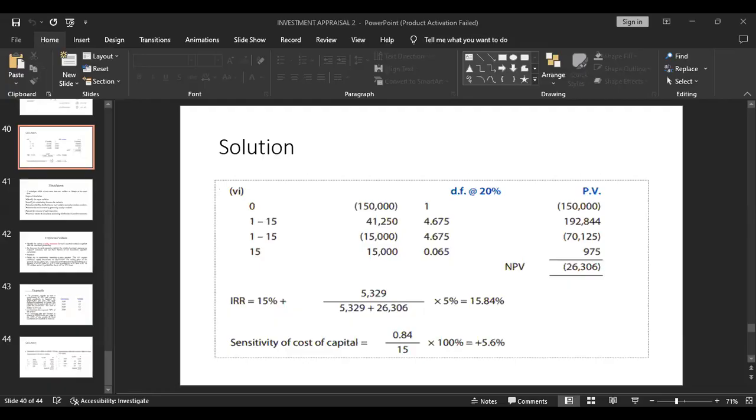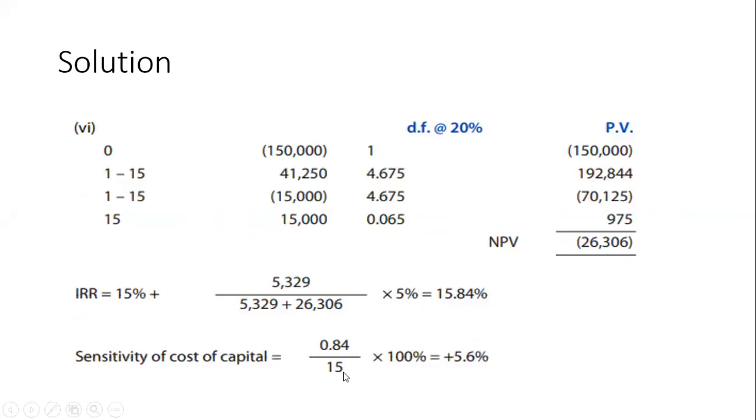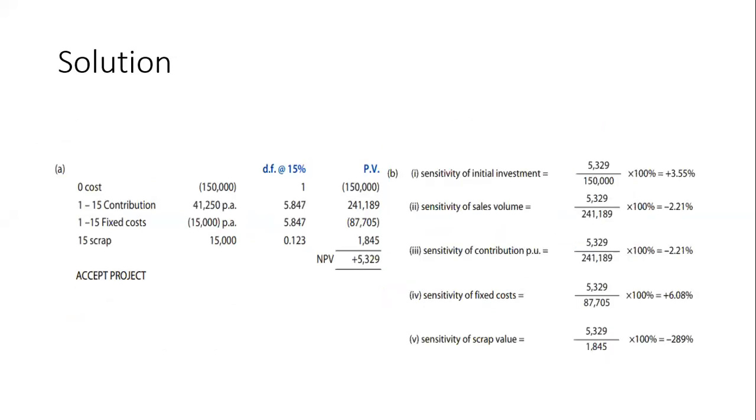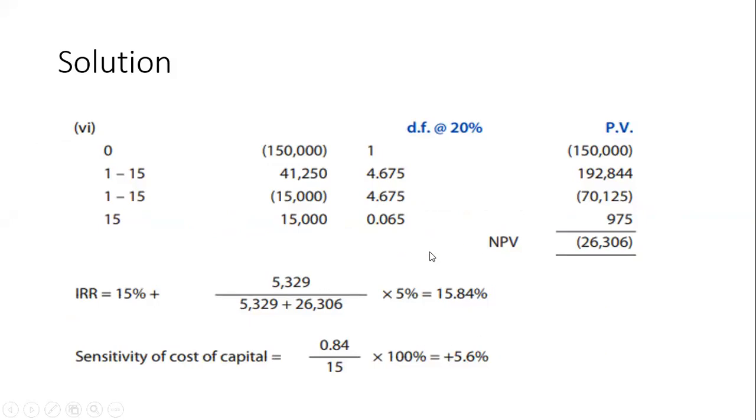So your sensitivity for your discount factor now becomes your IRR less your 15%, the 15% being the discount factor that was used to appraise the investment in the question, which was given right here. The cost of capital is 15%. So it's going to be your IRR of 15.84 less your 15% over 15.